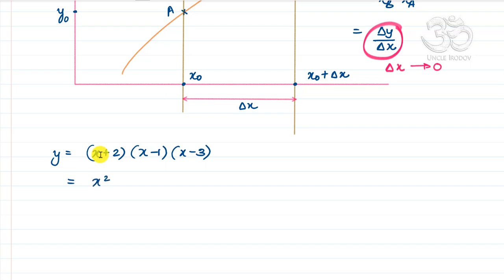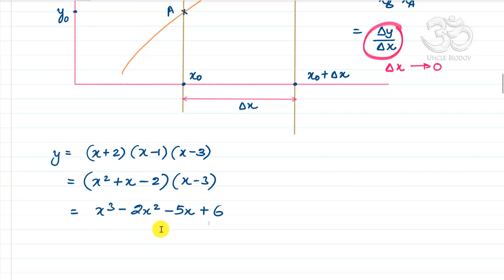So x square minus x plus 2x, so plus x minus 2, into x minus 3, and this will give you x cube, and you will have minus 3x square plus x square, so minus 2x square, and then you will have minus 2x minus 3x, so minus 5x, and then you will have plus 6. I hope I have done it right.